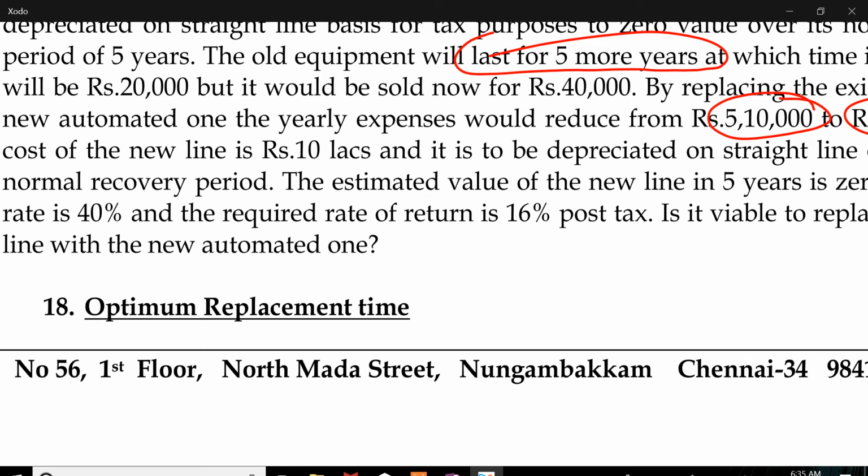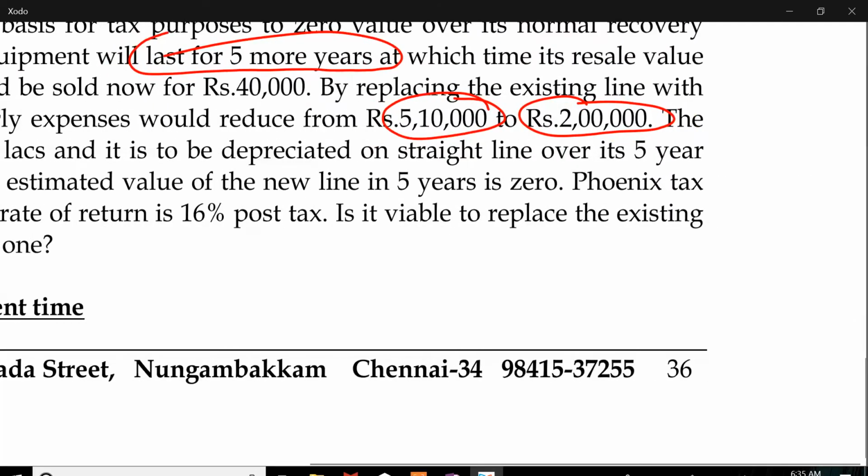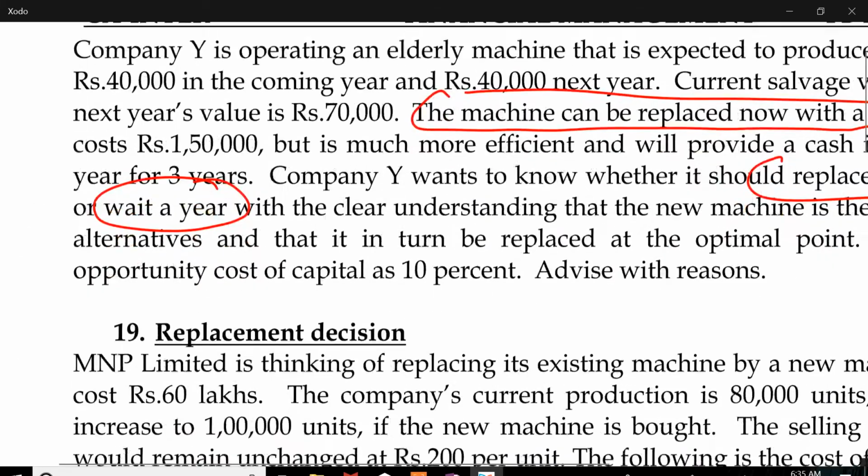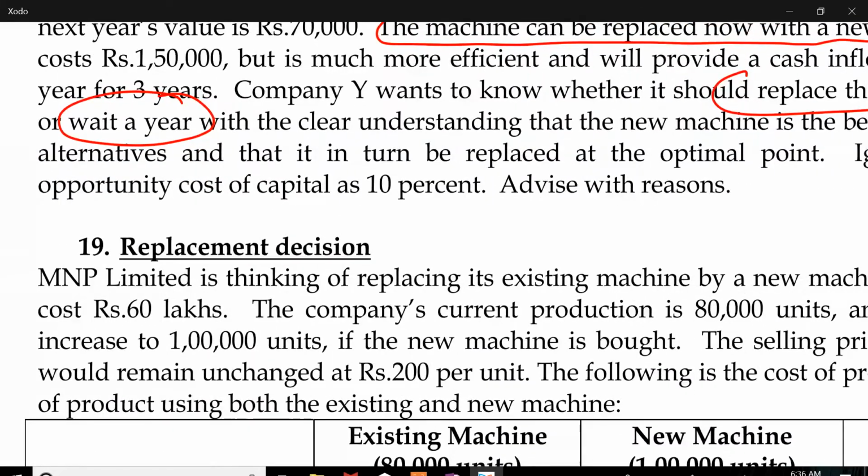Next point, we will have to compute NPV of the alternatives, and then calculate EAB to make the decision.